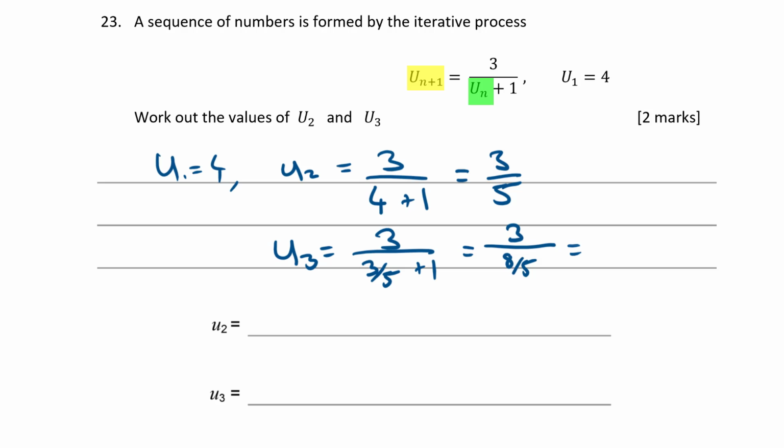Now dividing by a fraction is the same as multiplying by the flipped fraction. So flipping over 8/5 to 5/8 and multiplying instead, that tells me that 3 times 5/8 is 15 over 8. So my u2 term then is 3/5, and my u3 term is 15 over 8.